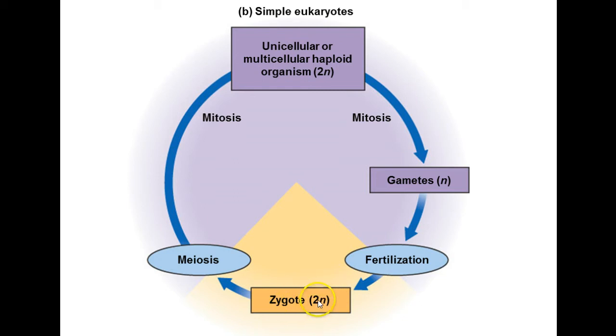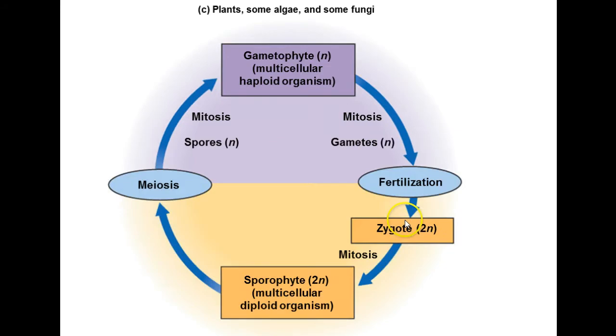It just stays as a single cell. That single cell immediately undergoes meiosis and produces these haploid cells that undergo mitosis. So we get this multicellular haploid state, which eventually some of these individual haploid cells will serve as gametes and allow for fertilization.